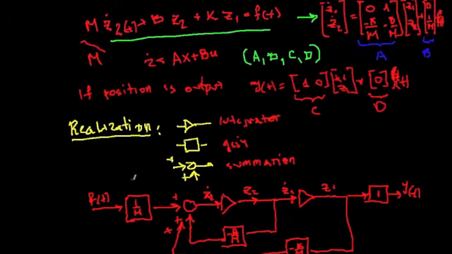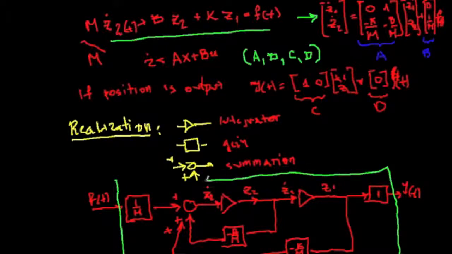Interestingly enough, we will show that this realization, just these simple elements, leads to the transfer function that is given by this green box. So this is the transfer function, or input-output. This is the inheritance of electrical engineering.